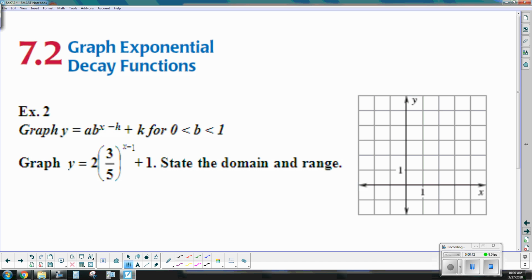Okay, let's look at the second example here. We have it in the form a times b to the x minus h plus k, where h is our horizontal shift and k is our vertical shift.